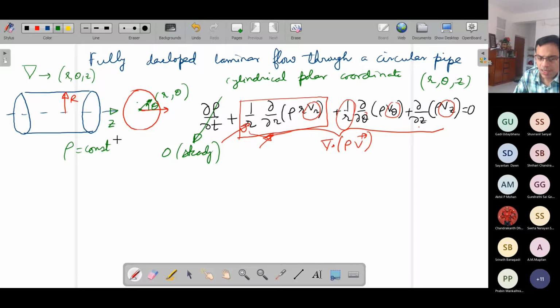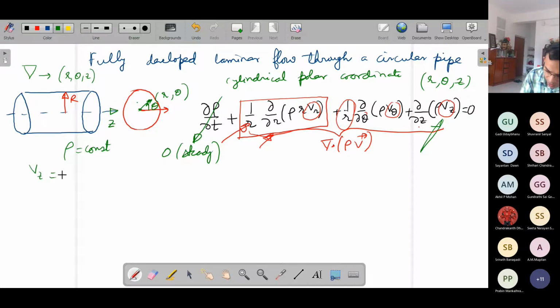Why we will consider that may become apparent if we take rho out of this derivative. Then this term will be 0, because for fully developed flow, Vz is not a function of z.